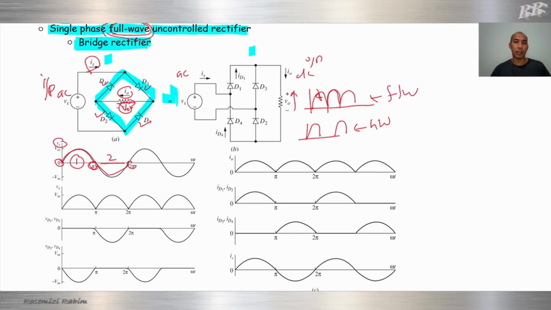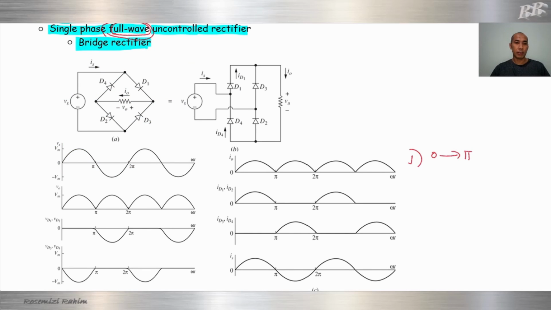We will start with section number 1, which is from 0 to pi. Before that, we need to erase everything here. Section 1, the positive cycle, from 0 to pi.